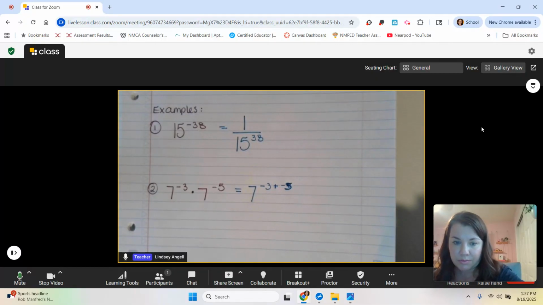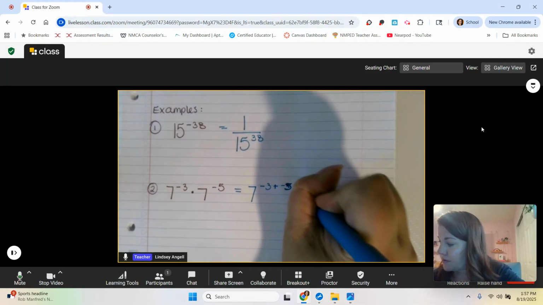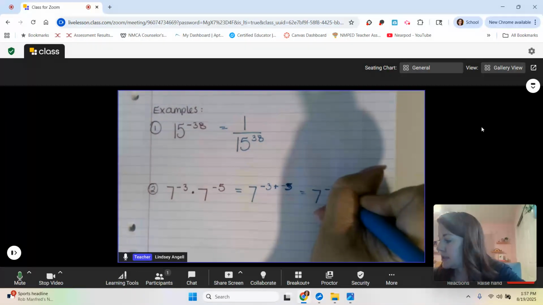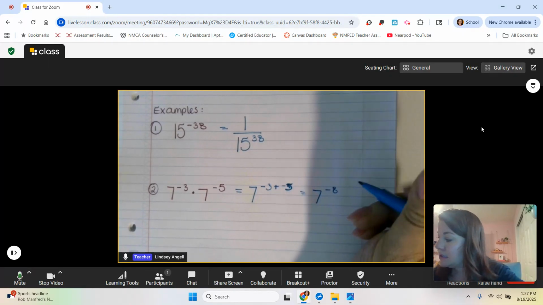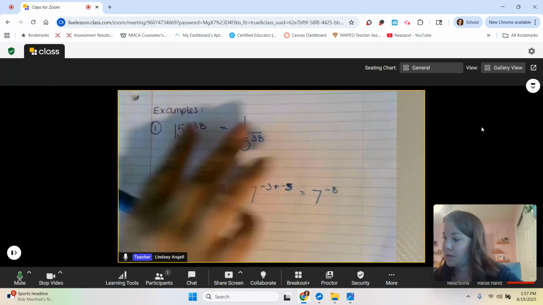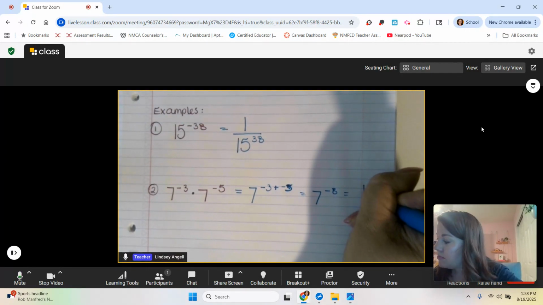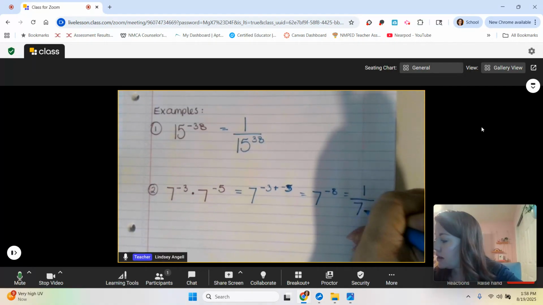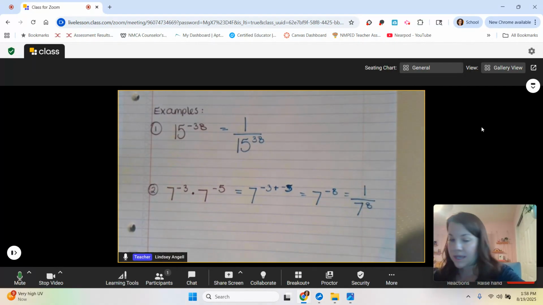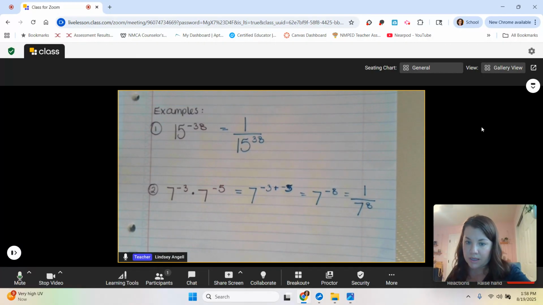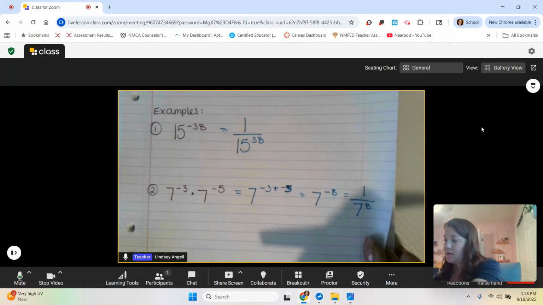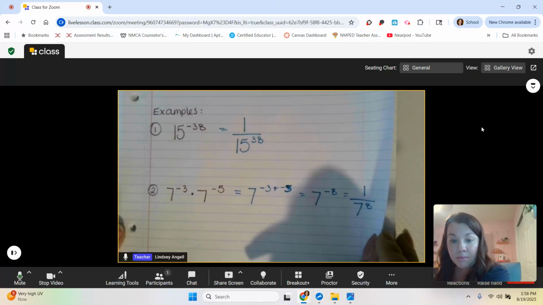Well, what's negative 3 plus negative 5? 7 to the negative 8. But using that exact same rule that we did in this first one, we can write that as 1 over 7 to the 8th power. You bring it into the denominator, and it makes that exponent positive.